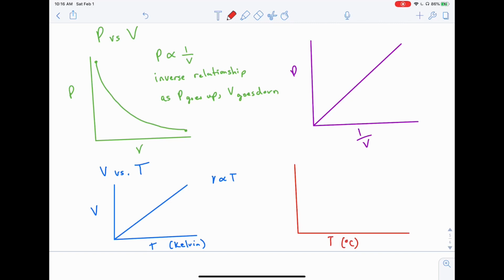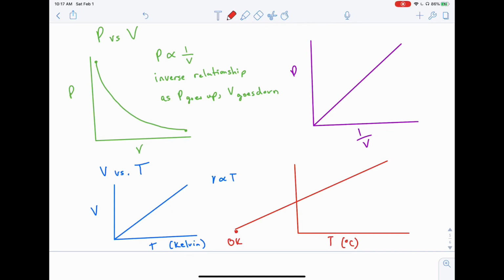Where is the x-intercept? Oh, it's not at the origin. So, relative to the origin, where's the x-intercept? To the right? So, remember, 0 degrees Celsius is to the left. So, this ends up being like that because this is 0 Kelvin.